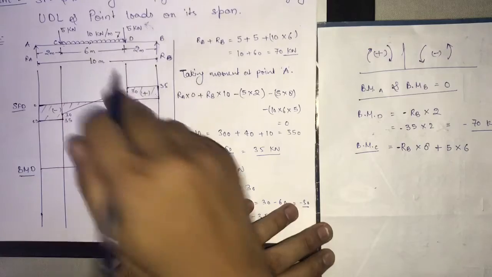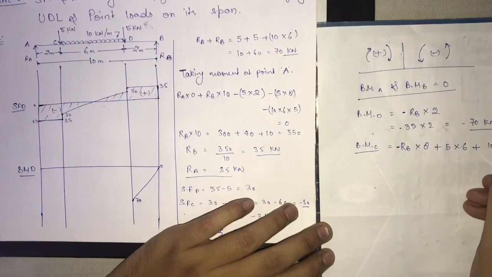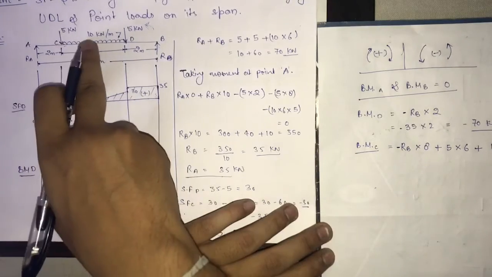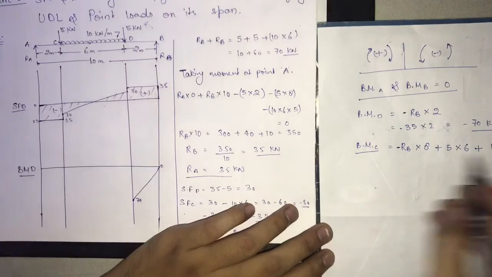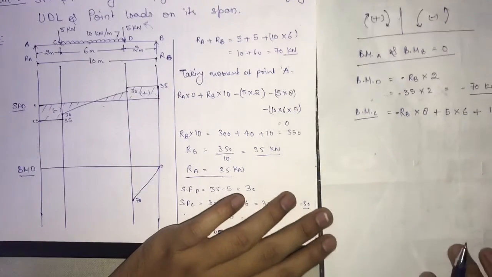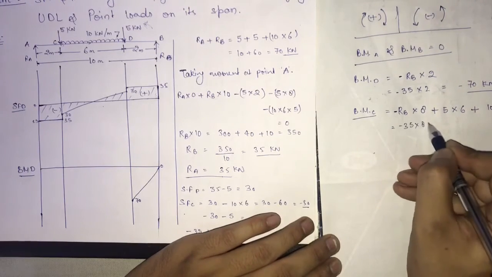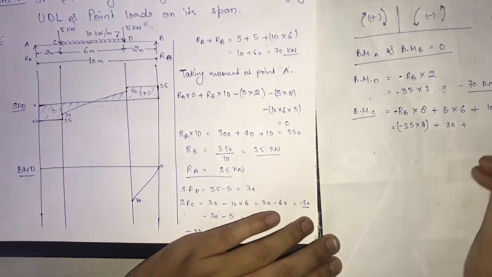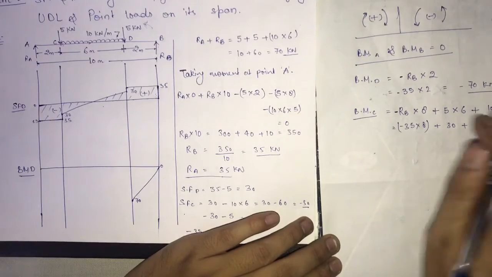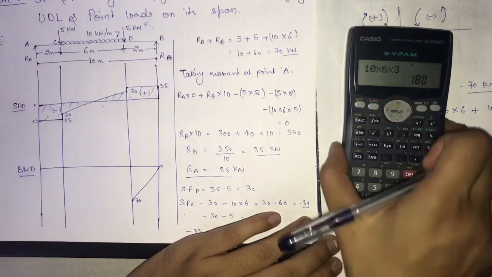And now the UDL is also rotating this point clockwise, so it is also positive. So it is 10 into 6 into 3, because the center of the UDL is 3 meter apart from point C. So it is minus 35 into 8, plus 6 into 5, which is 30, plus 10 into 6 into 3, which is 180.